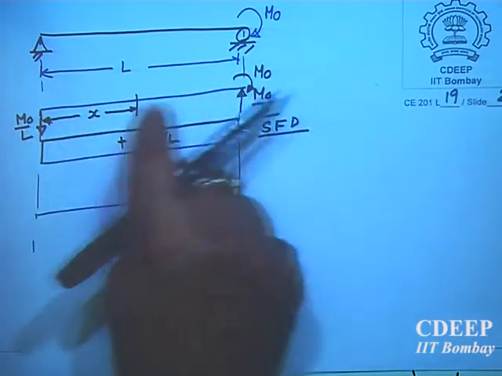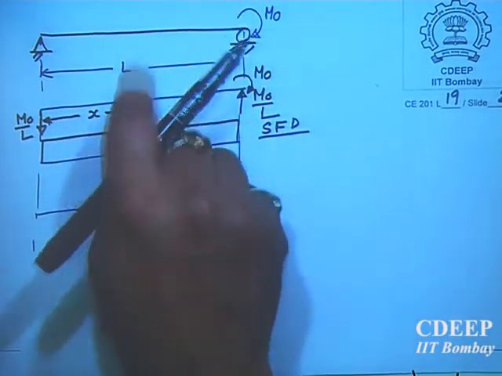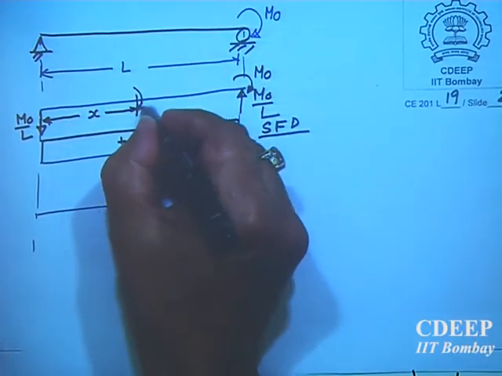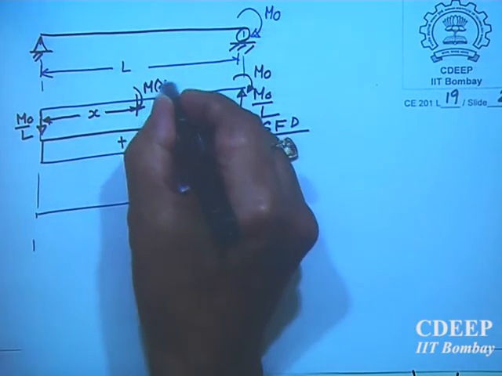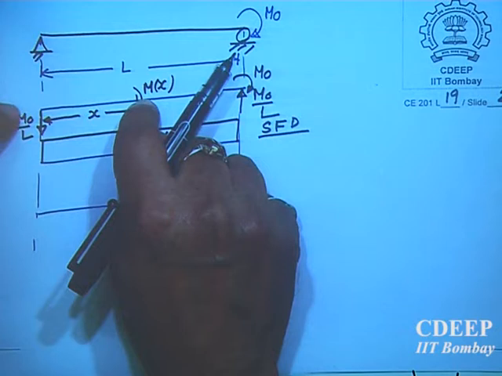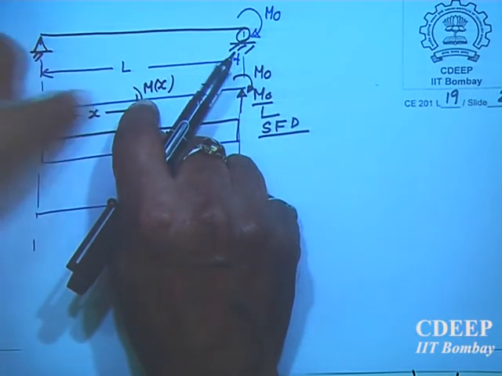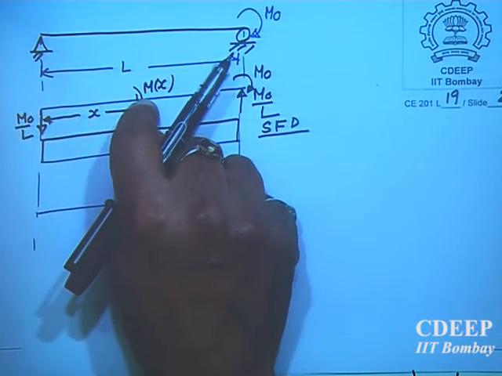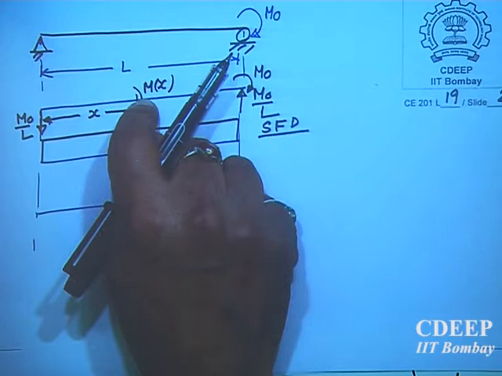So the nature will be same. So bending moment here will be my positive bending moment here. M at any cross section will be m naught divided by L into x. Is it okay? Positive? Positive.